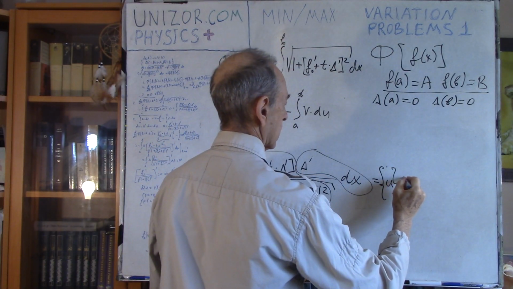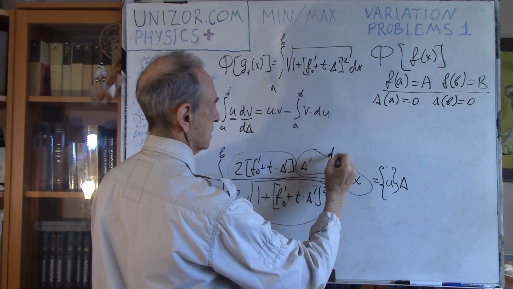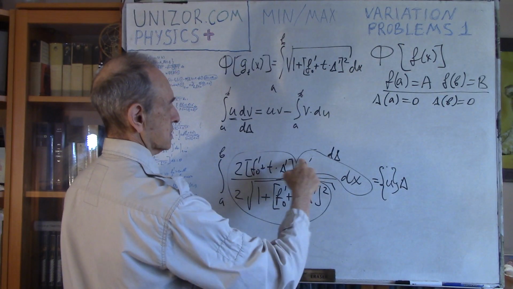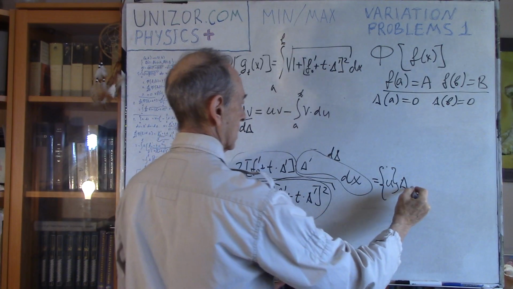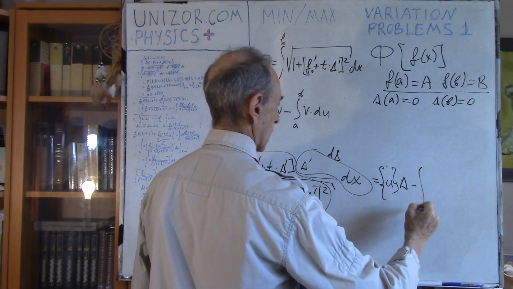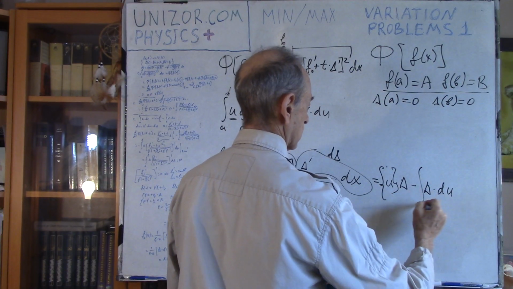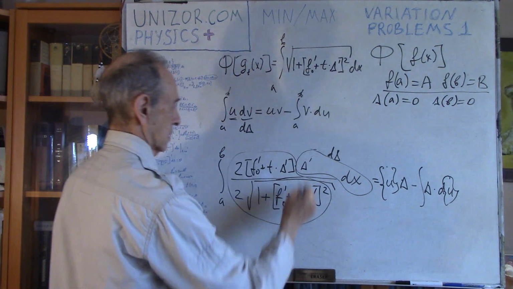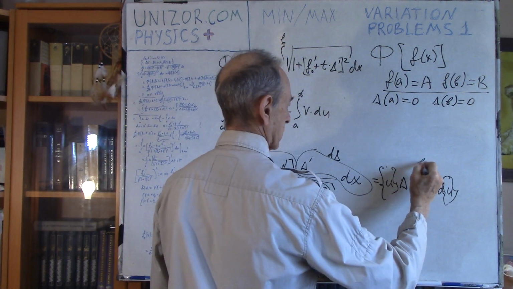So v is my delta, because this is d delta. So this is u, and this is d delta. So it's u times delta minus integral of delta times du. And u will be all these things. Integral from a to b, obviously.